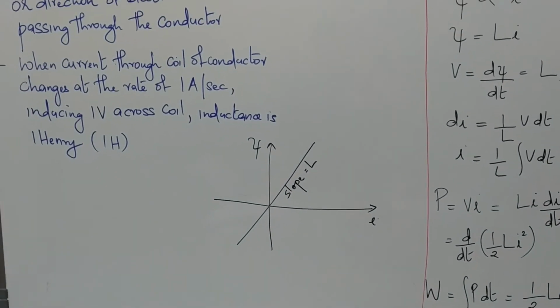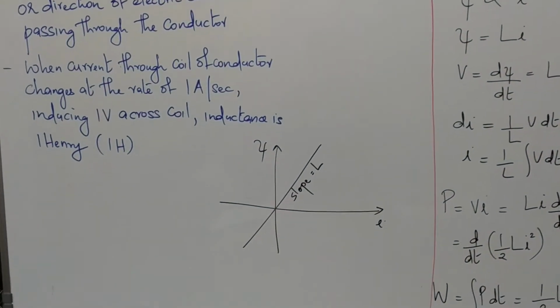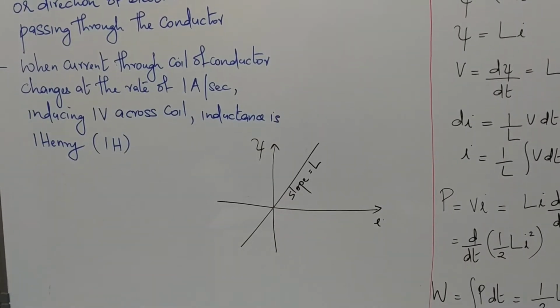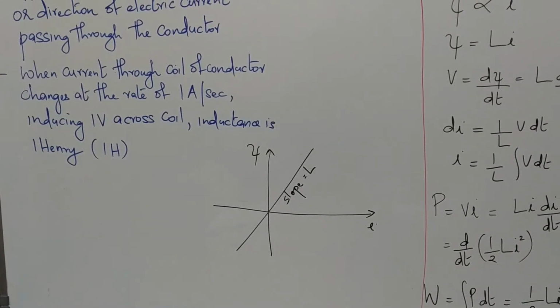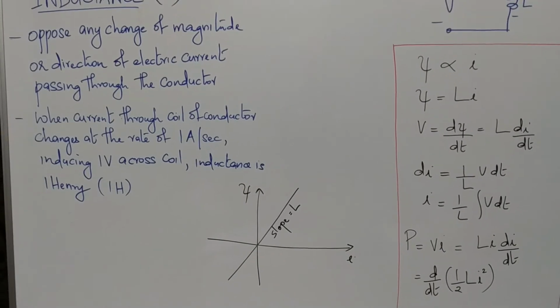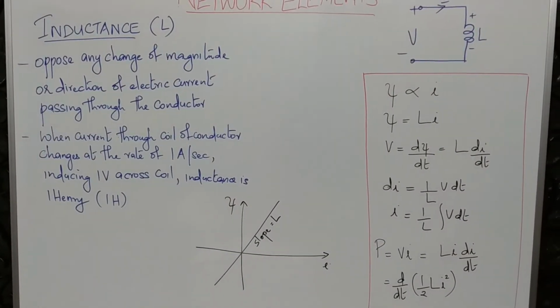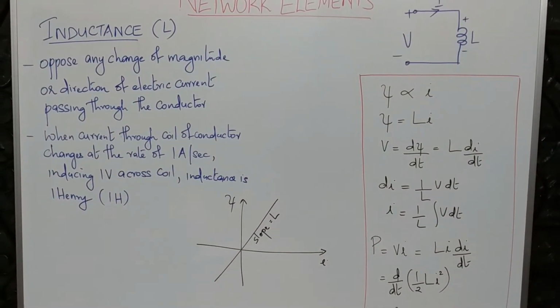Now similar to what we have seen in capacitance and resistance, you can draw a graph with flux versus current. You will see that the graph is linear with slope as L. So this is the basics of inductor.